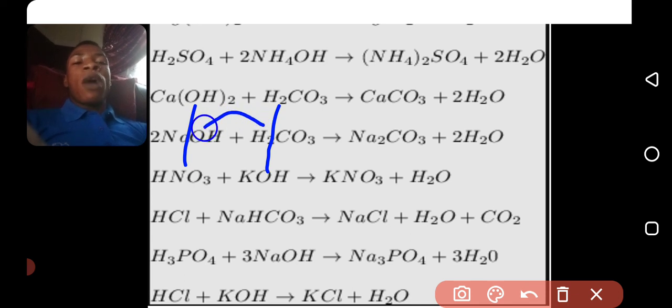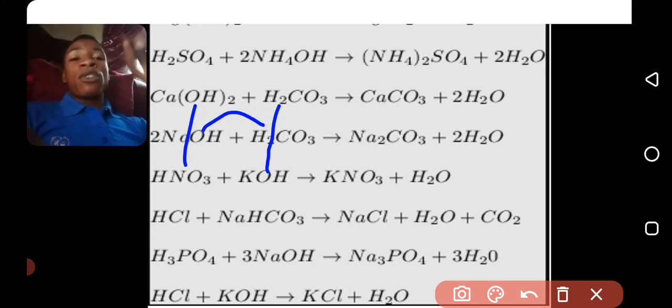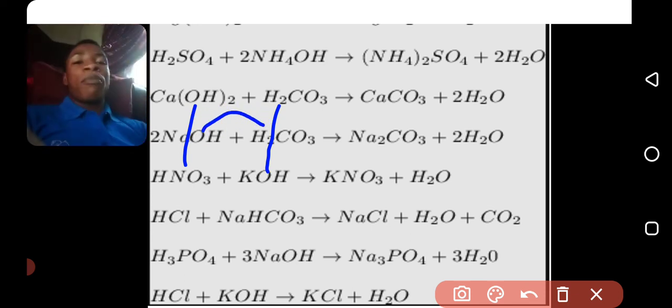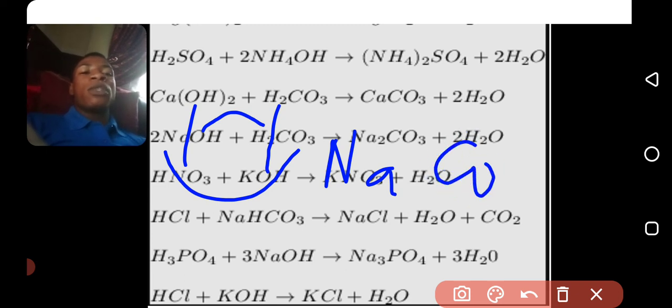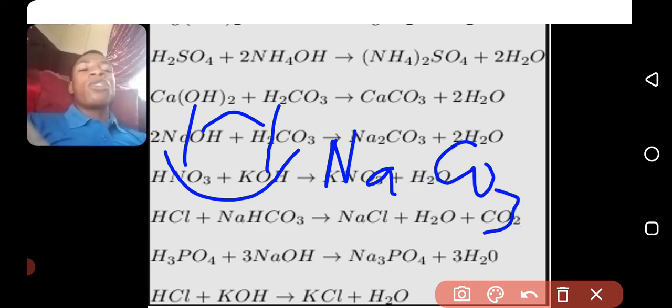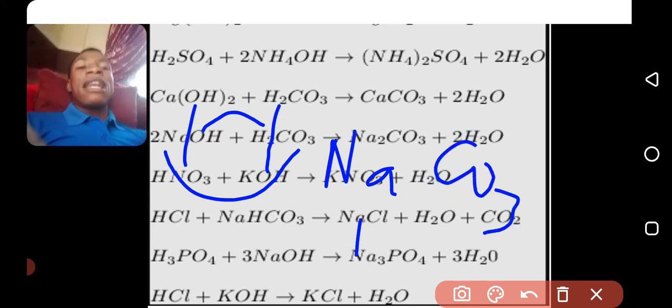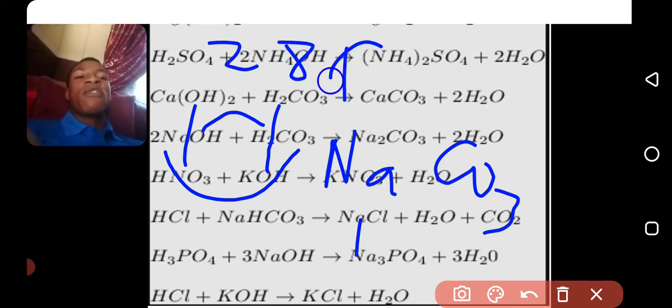H will always go and pick the OH, because H is plus and the OH in that place is minus. So they pick each other based on sign. Sodium is a metal, that's a plus. CO3 is a minus. So sodium will pick CO3. When our sodium picks up CO3, the valency of sodium is 1, because sodium is number 11, that will be 2, 8, 1. So the valency is 1.